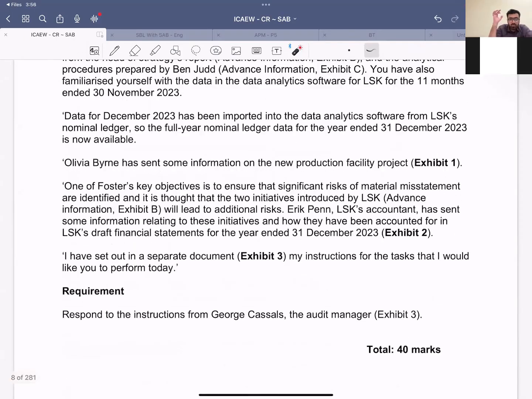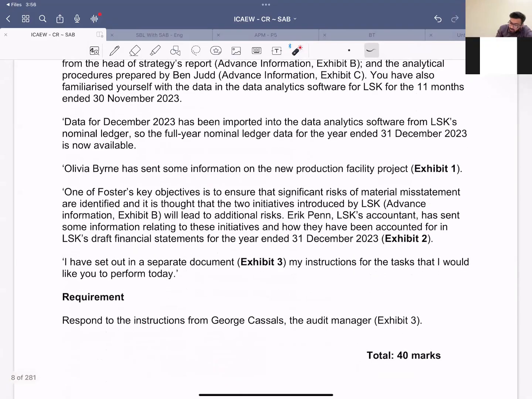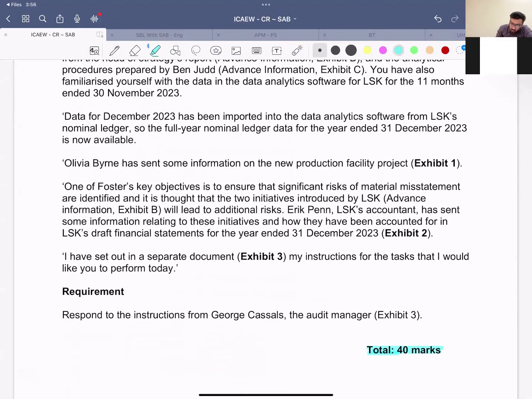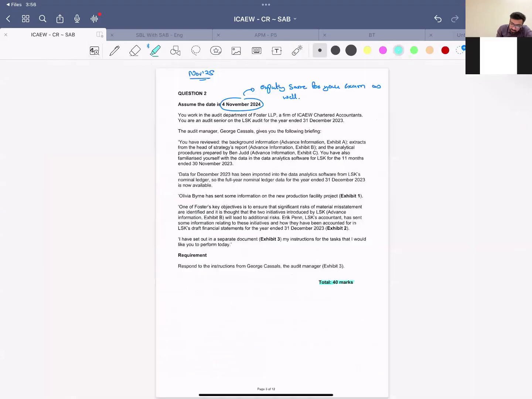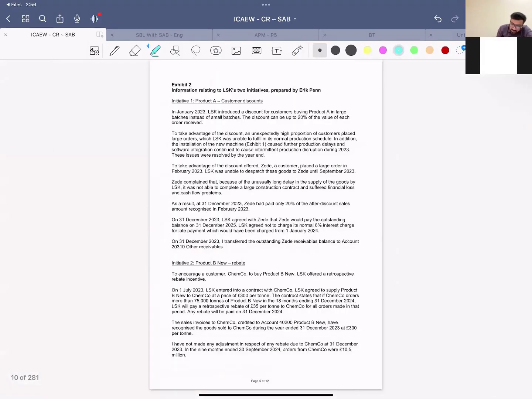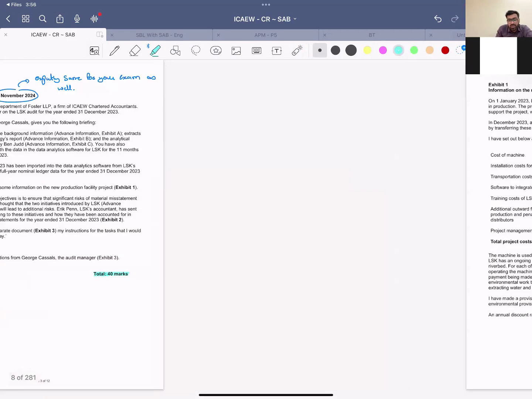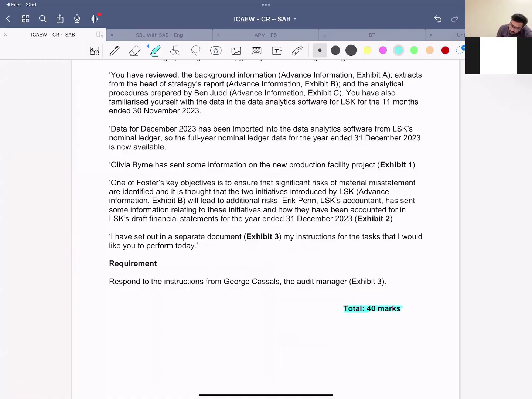If we brief what I was telling you about this 40 marks thing: you will be given requirements and three exhibits, and see, there isn't any sort of requirement here, and they have told you about 40 marks. Here they have said: respond to the instructions from George Kessels, the audit manager.